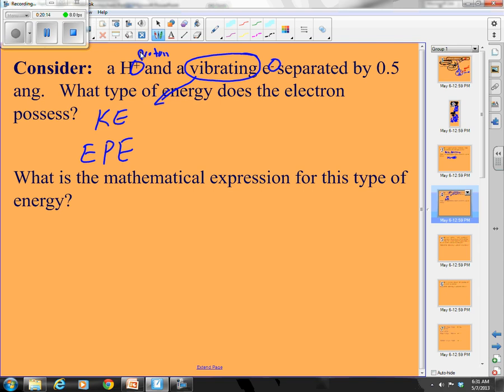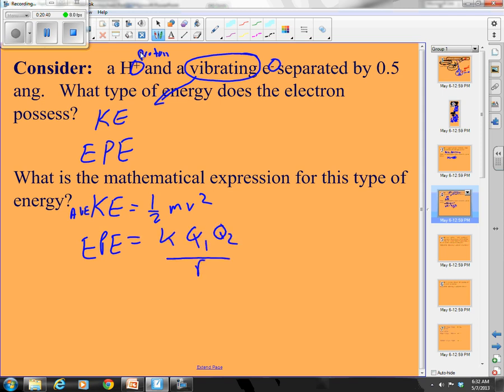But in this case, we just wanted to focus on two. If you're a physicist, you might even say there's three, but we're going to let it sit at these two. What is the mathematical expression for each type? My average kinetic energy is equal to 1/2 mv squared, and my electrostatic potential energy is equal to k q1 q2 over r. There we go. Questions?